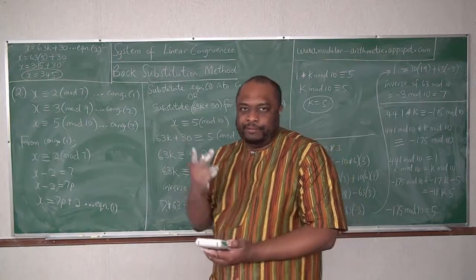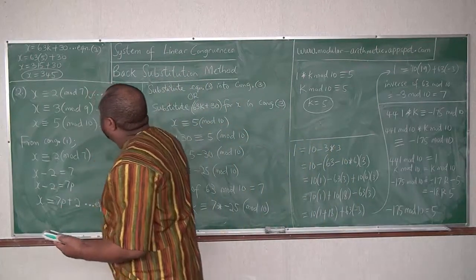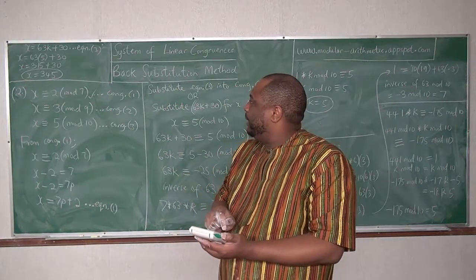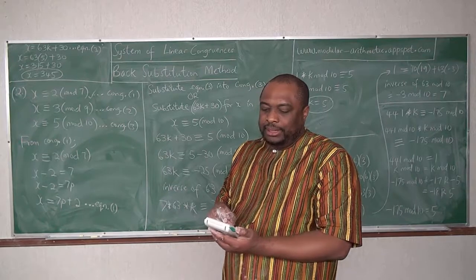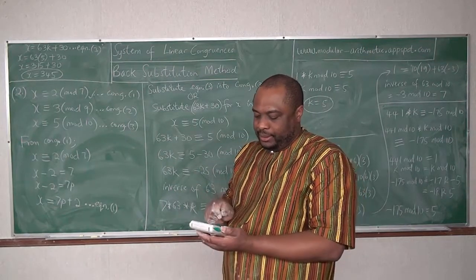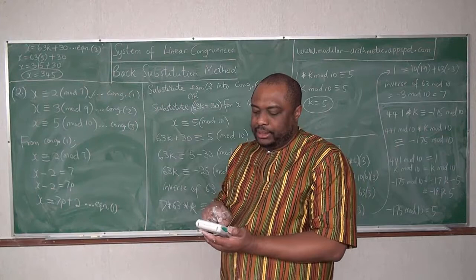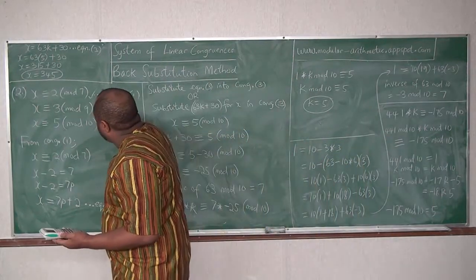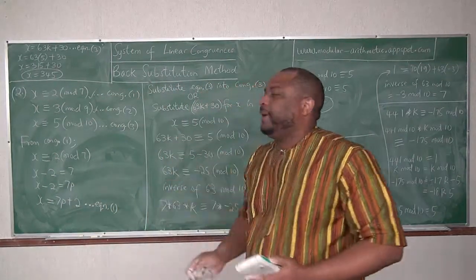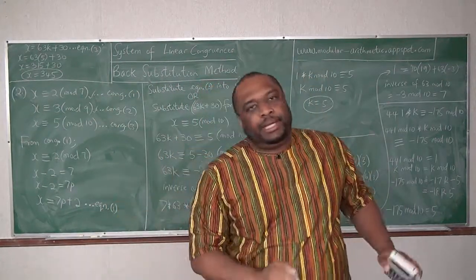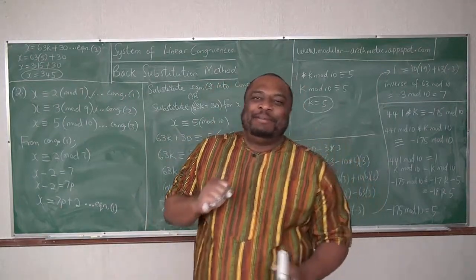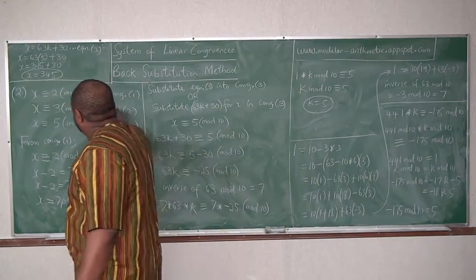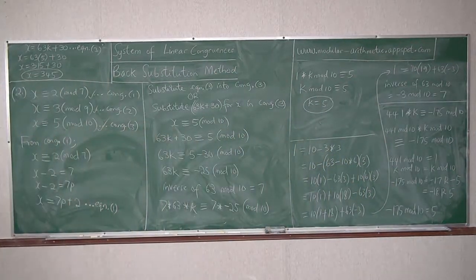Subtract from 345, remainder 2. It works. 345 divided by 9 is 38 point something, the integer part. 38 times 9, 342. Subtract from 345, 3. 345 divided by 10 is 34, remainder 5. Alright, so thank God it works.